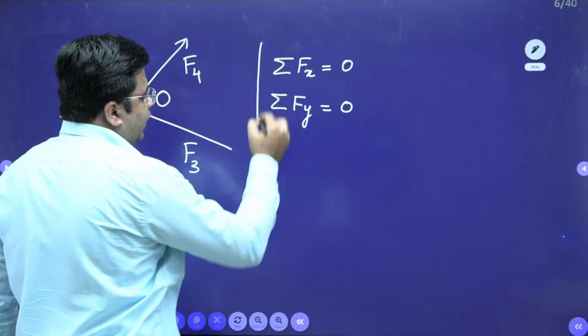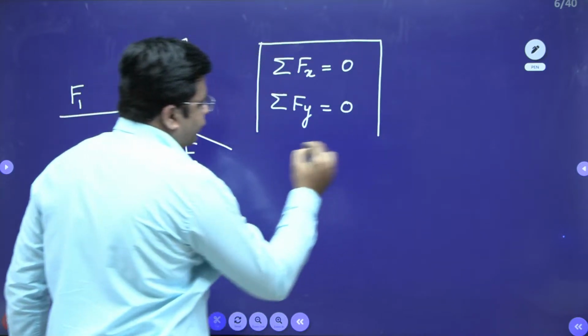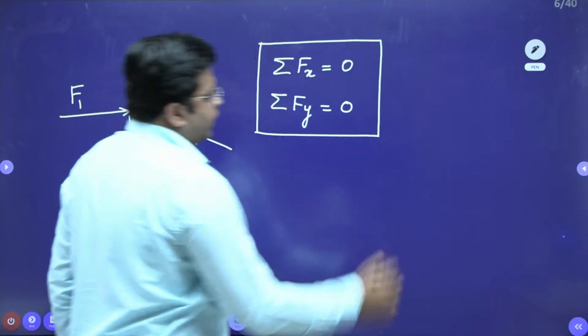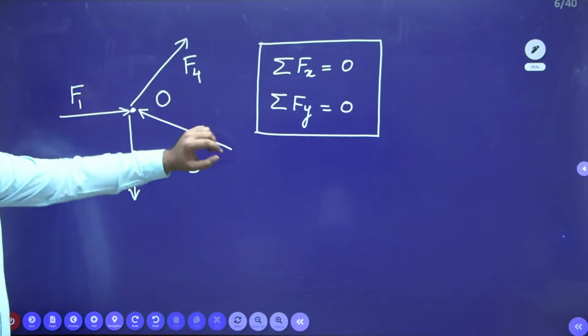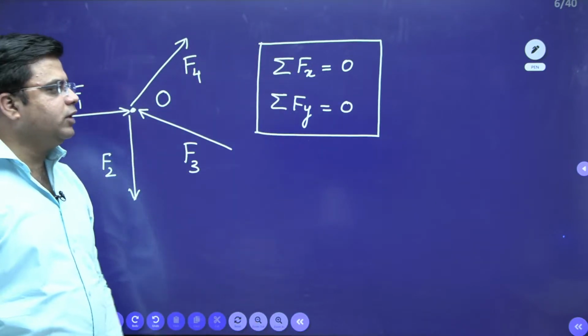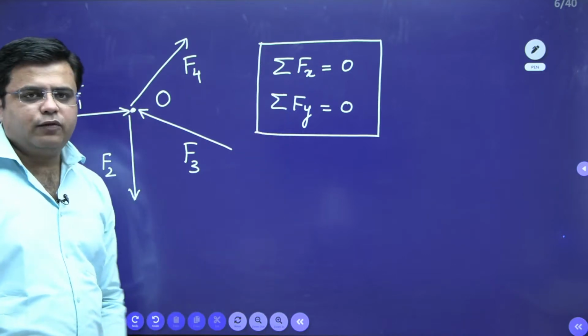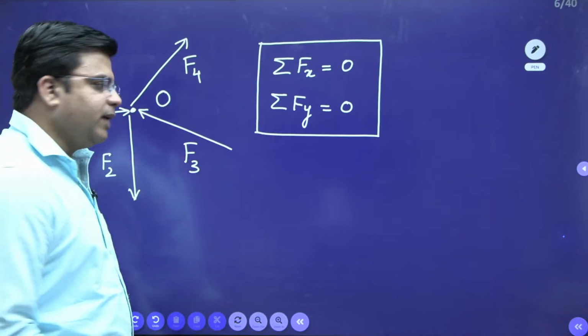So if you have a coplanar concurrent force system, the number of equilibrium equations is 2, that is summation of horizontal forces equals 0 and the summation of vertical forces equals 0. So this is our first type of force system.